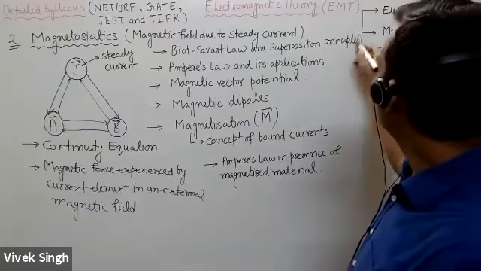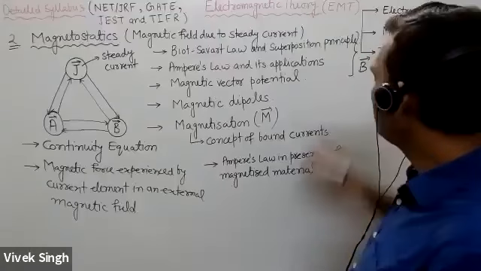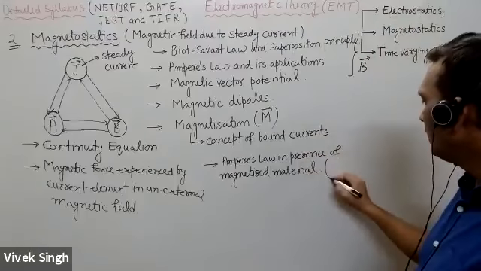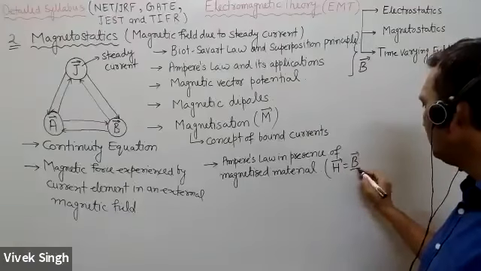You will see in Biot-Savart law and in Ampere's law, we will talk about magnetic field in terms of B vector. But here we will talk about magnetic field in terms of H vector, that is B by mu.